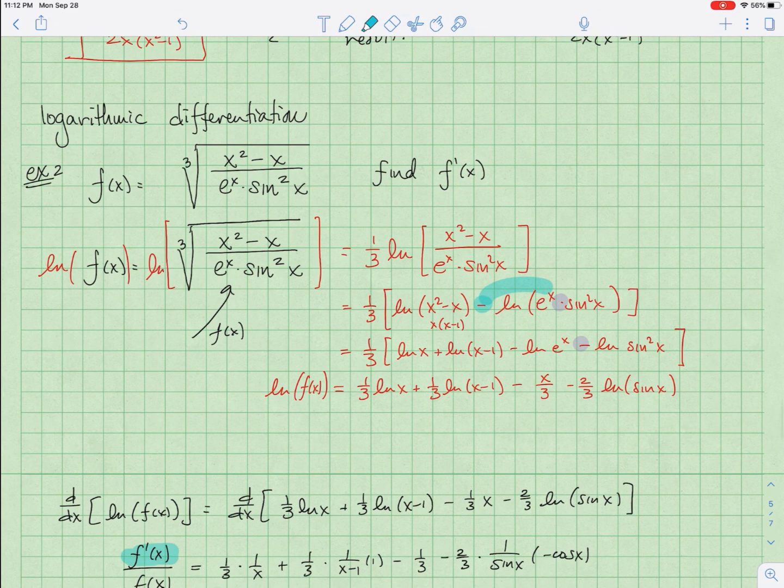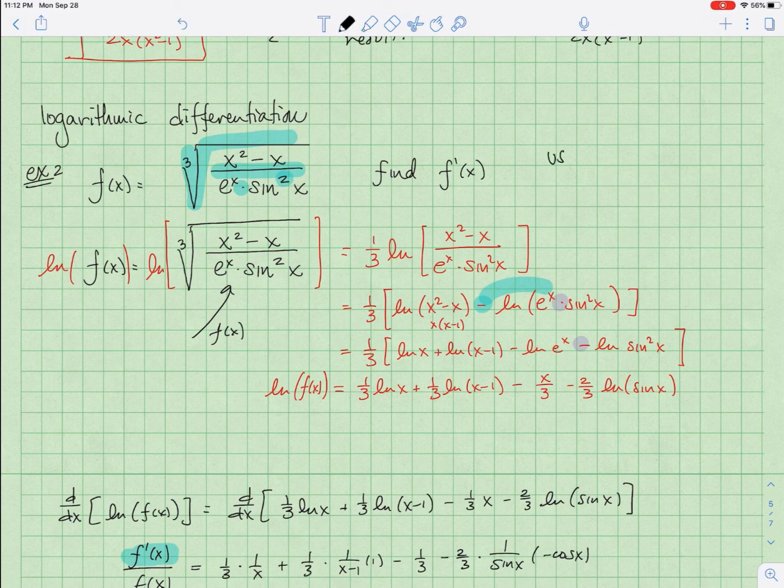That was a lot better than using the chain rule, the quotient rule, the product rule, the chain rule in order correctly. There's a lot going on with that derivative, and we're able to skirt all those problems by introducing a natural log and using log properties to break up our function before we even take the derivative.